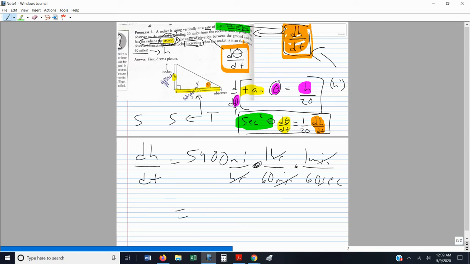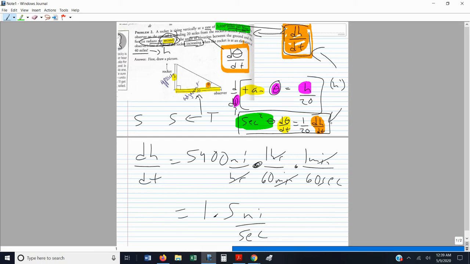Grabbing my calculator, 5,400 divided by 60 times 60 gives you 1.5 miles per second. So that is what I'm going to use for that DH/DT to be in the right unit.